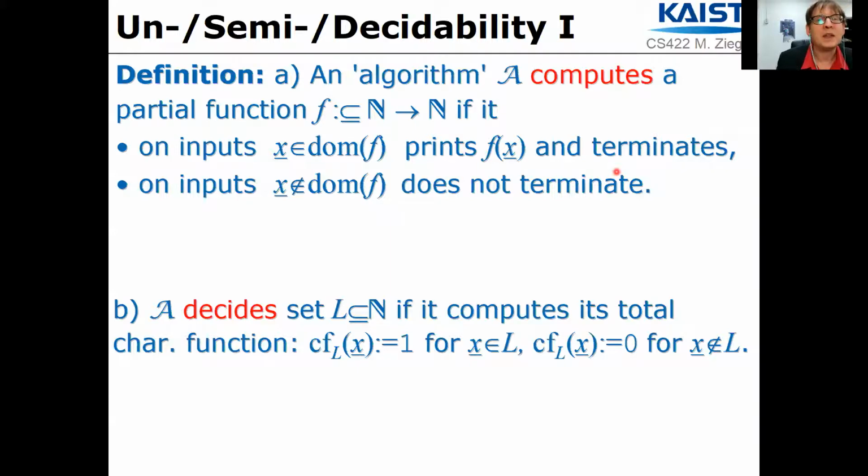Another concept, another notion that we're introducing here on this slide is what it means to decide a subset of natural numbers. Okay, deciding a subset.